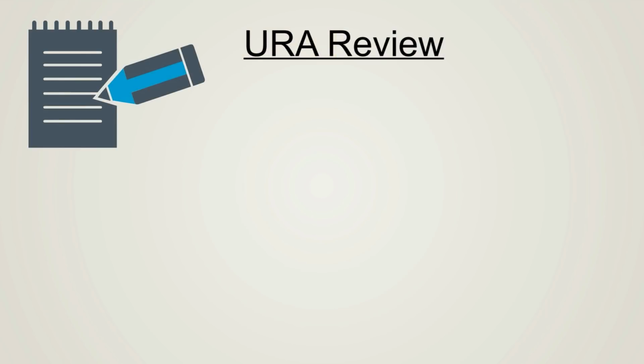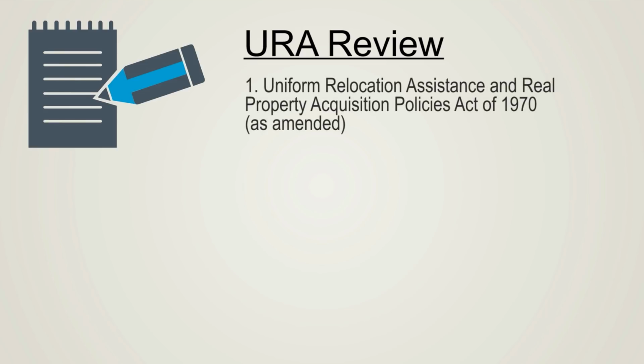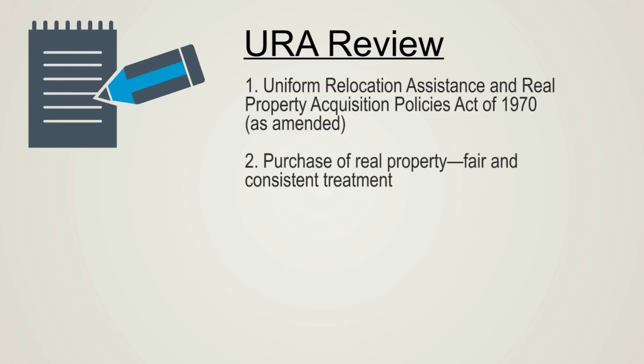So, the URA is more properly referred to as the Uniform Relocation Assistance and Real Property Acquisition Policies Act of 1970, as amended. It was intended to encourage amicable agreement with owners for the purchase of property and assure that owners and occupants are well informed throughout the process.